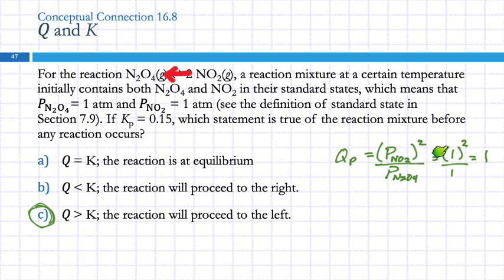So the partial pressure of the product has to get smaller, the partial pressure of the reactant has to get larger. And it will continue that way until Qp is equal to Kp, and then we'll be at equilibrium. In which case there's still reaction occurring, but in the forward and reverse directions at the same rates. Any questions?